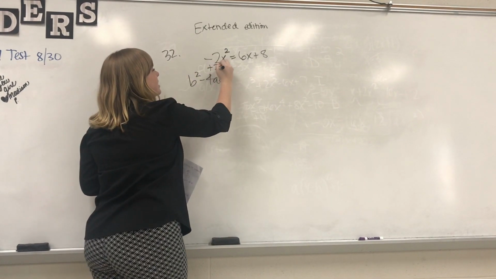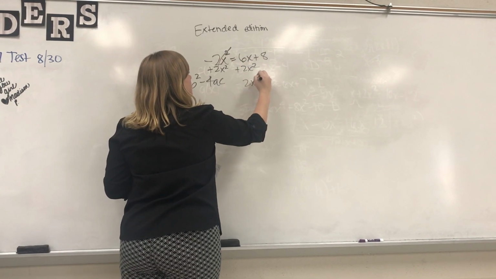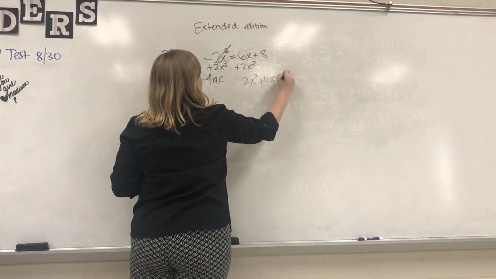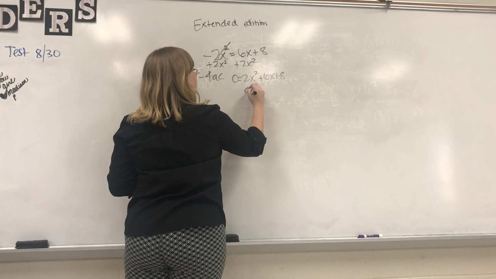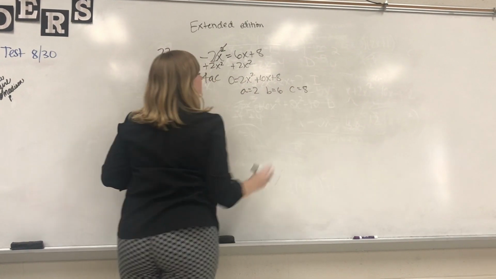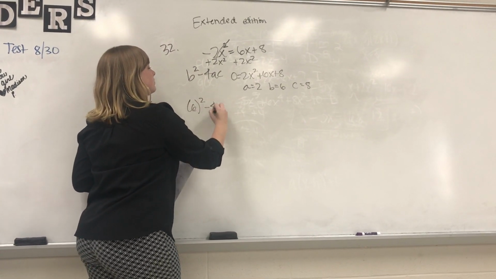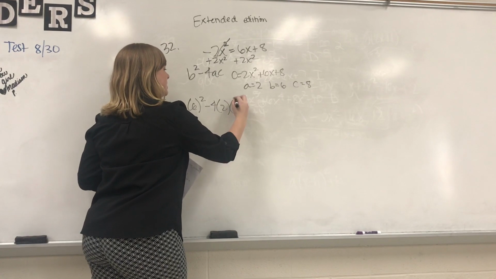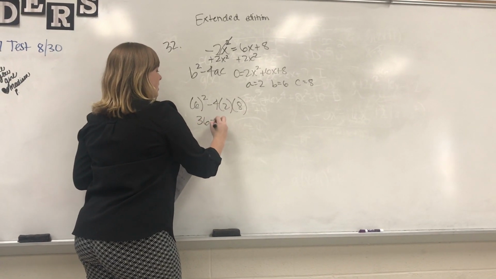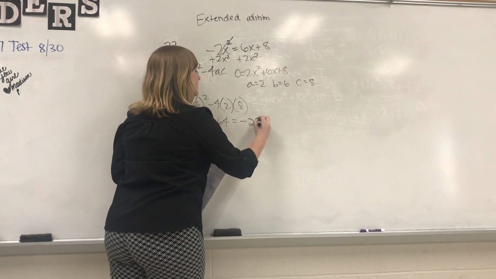Remember, it has to be set equal to 0 first. So 2x squared plus 6x plus 8, that's equal to 0. A is 2, B is 6, C is 8. So I'm going to do b squared minus 4 times A times C, that's 36, minus 64, which gives me negative 28.